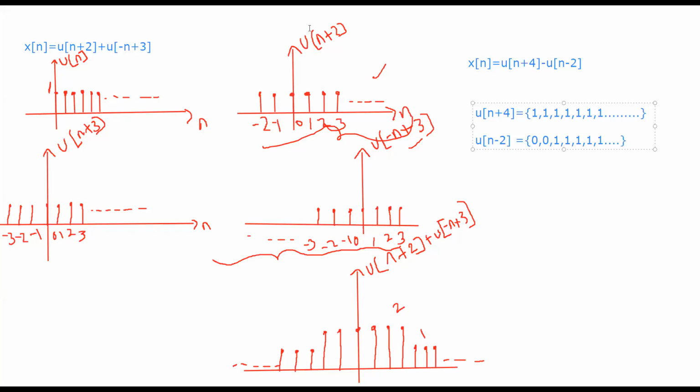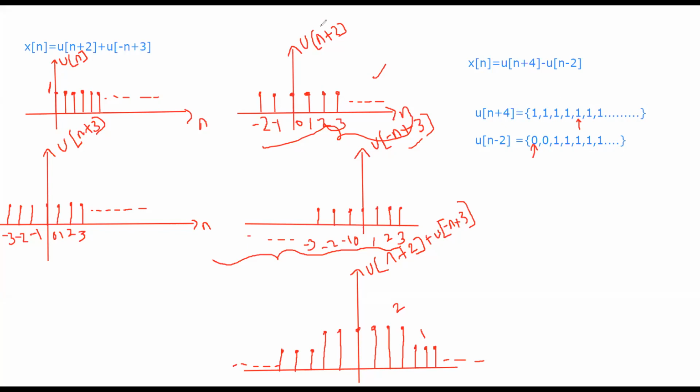See here, n plus 4 means the signal is extending from n equal to minus 4, right? Minus 4, minus 3, minus 2, minus 1. This should be the origin sample. If the arrow is not indicated, the first sample is the origin sample. If the arrow is indicated, the arrow sample is the origin sample.